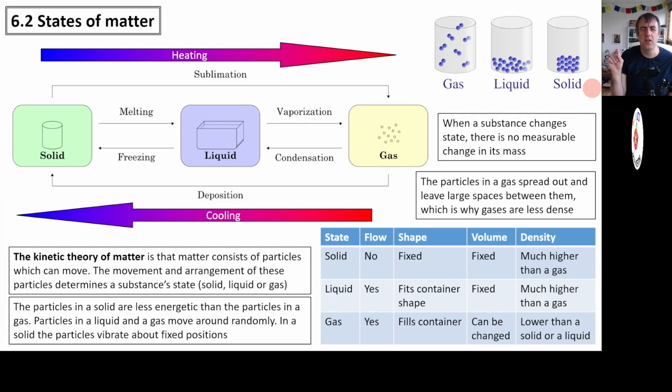But those smallest units, if I took my helium gas and I took a container of it and I cut it in half and cut it in half again and again, I would still have helium or neon or argon or any noble gas until I get to a single atom. Now, if I try and cut that in half, then I've stopped having that particular element. I've cut the atom in half. So for something which is an atomic substance, we could say that the atom is the particle.